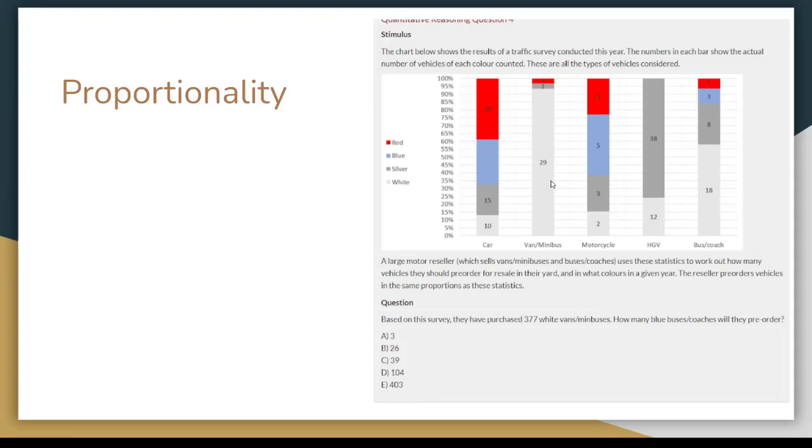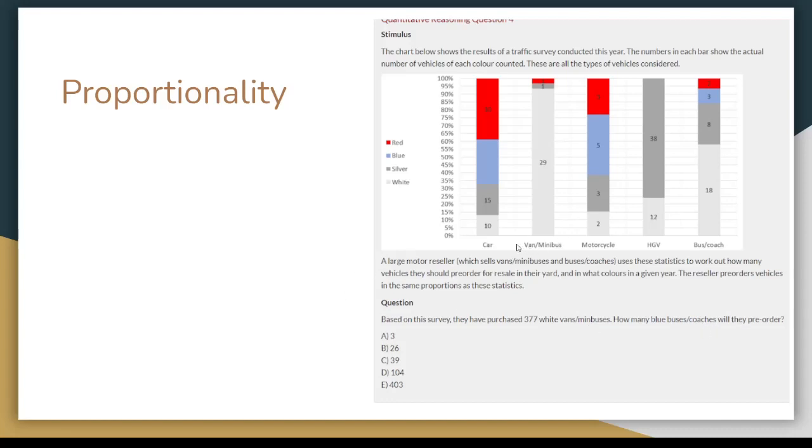You can pause the video here, read the question, and have your answer ready. So we know from the question, based on the survey, they have purchased 377 white vans / minibuses. How many blue buses / coaches will they pre-order?